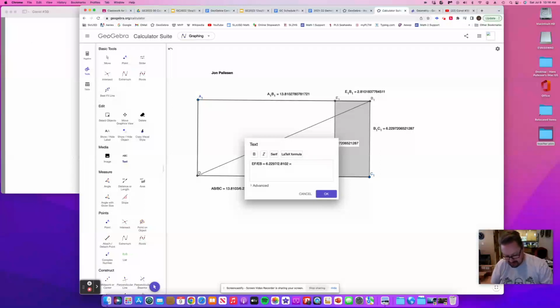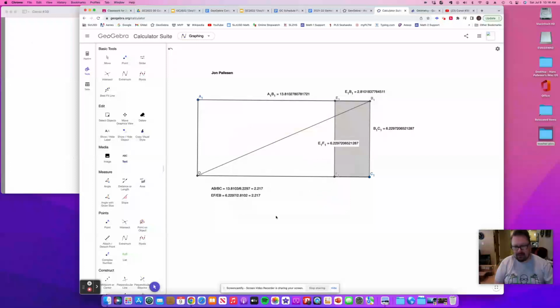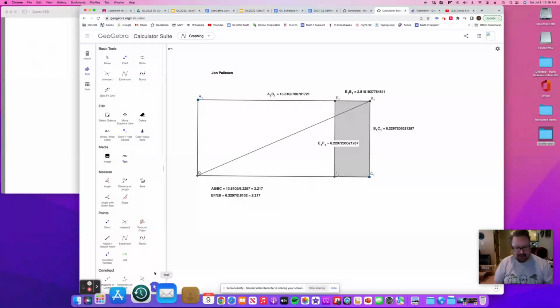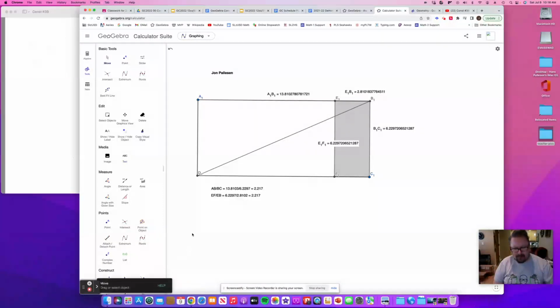And this equals 2.217. All right, so both proportions, both ratios are similar, which means both rectangles are similar.